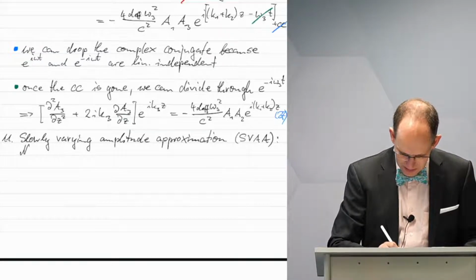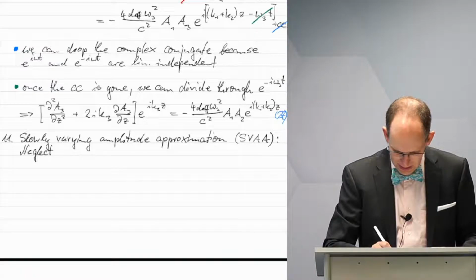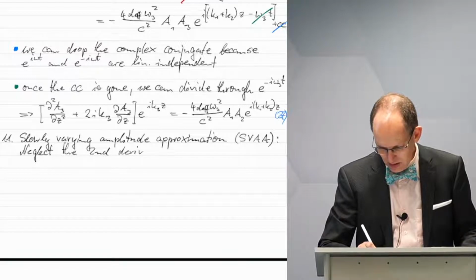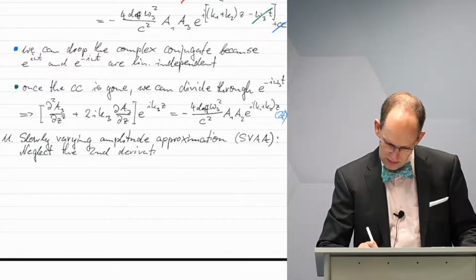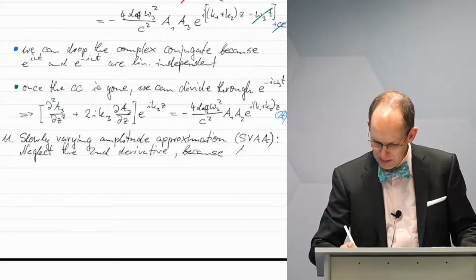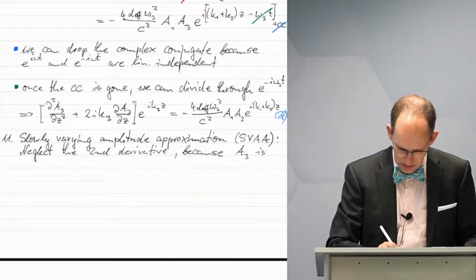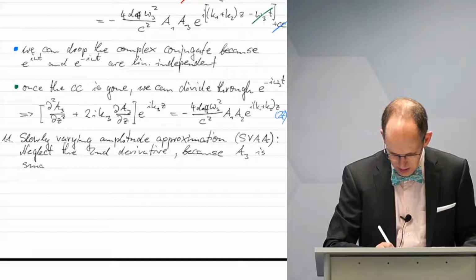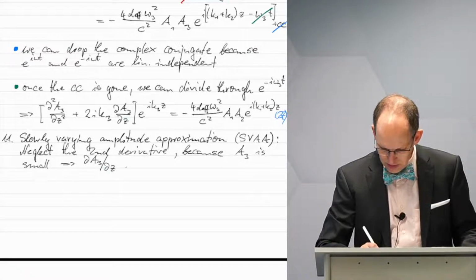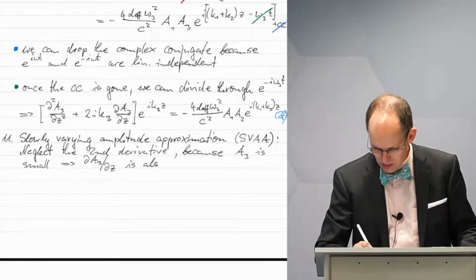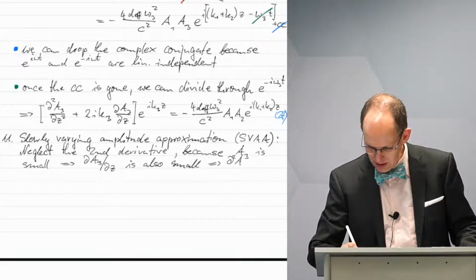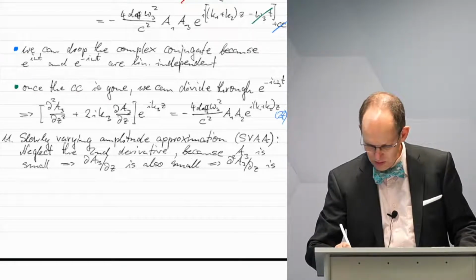So we neglect the second derivative, because A3 is small, which means that the derivative is also small, which means that the second derivative is even smaller.